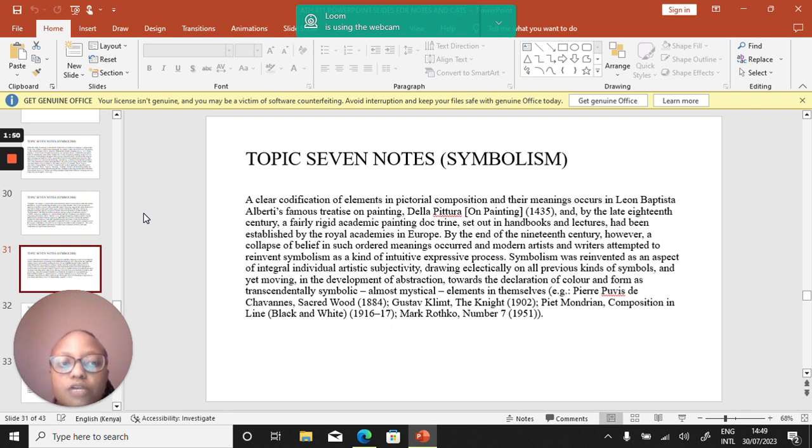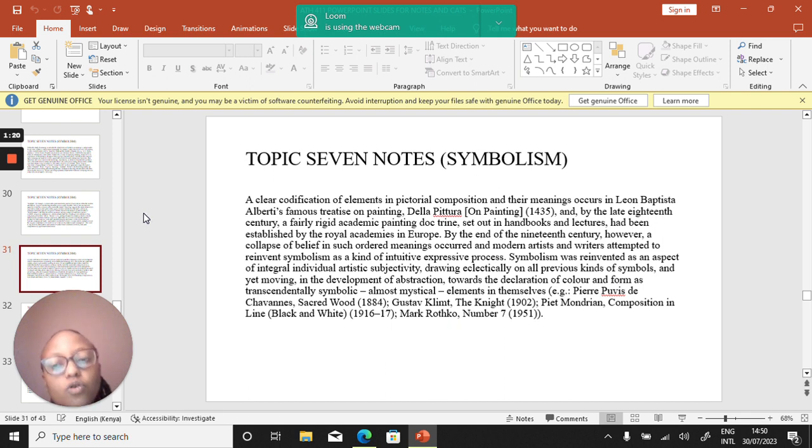Symbolism was reinvented as an aspect of integral individual artistic subjectivity, drawing eclectically on all previous kinds of symbols and yet moving, in the development of abstraction, towards the declaration of color and form as transcendently symbolic, almost mystical elements in themselves.